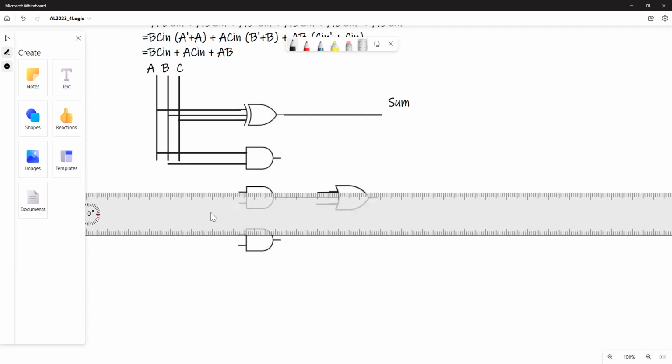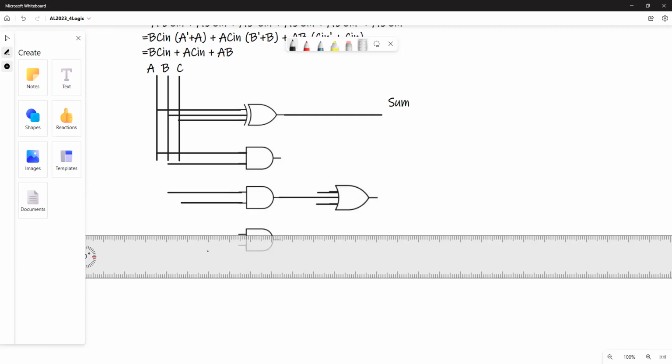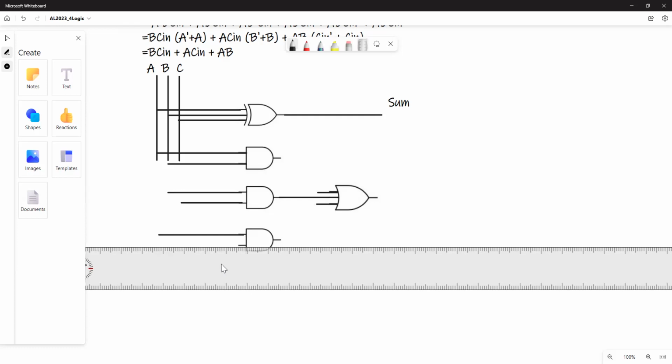Then we will have BC, B, and then we have C. And then we have to have AC, A, and then we have to have C.